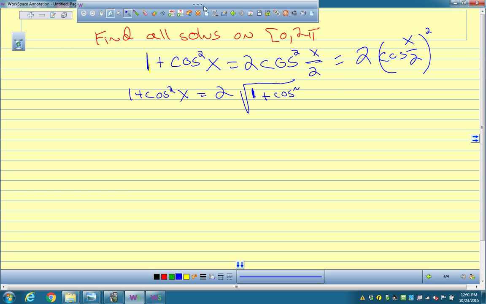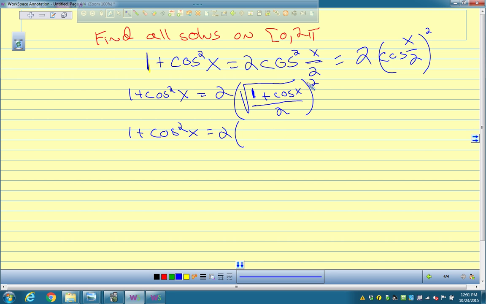So this is cosine of x divided by 2, and then I square it, okay? So I haven't done really anything fancy here. I just plugged in the half angle formula, and now I square that, and I get 1 plus cosine squared x equals 2 times 1 plus cosine x divided by 2, and what happens to those 2's?